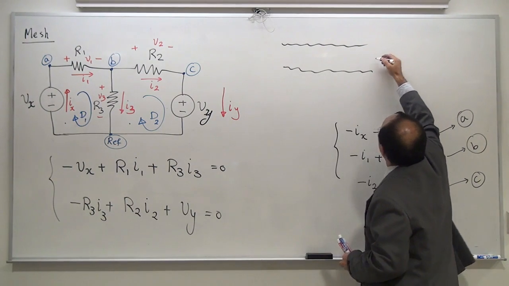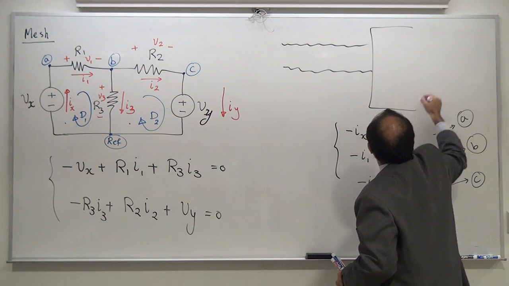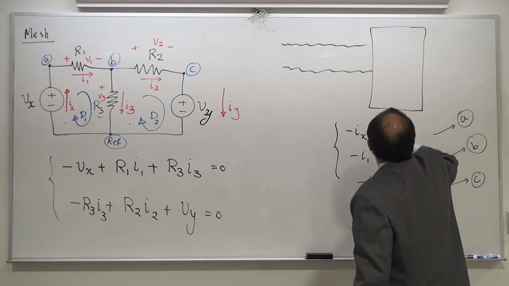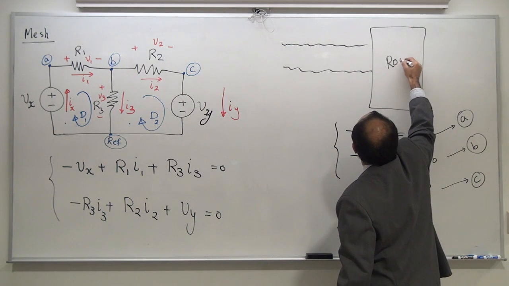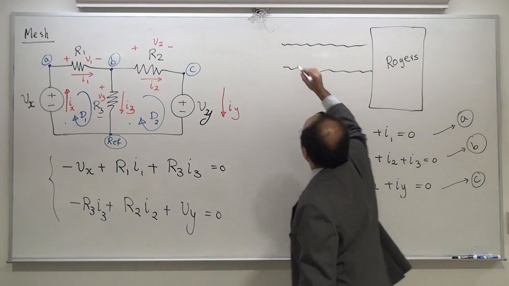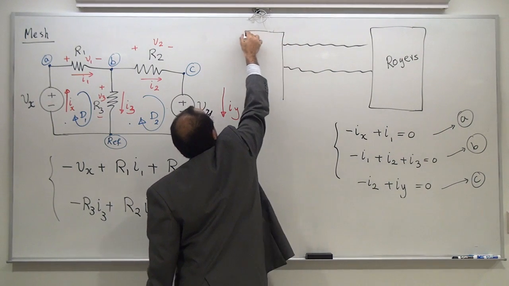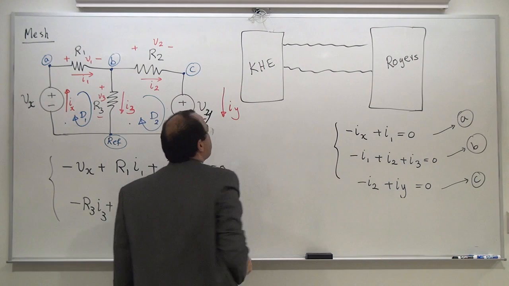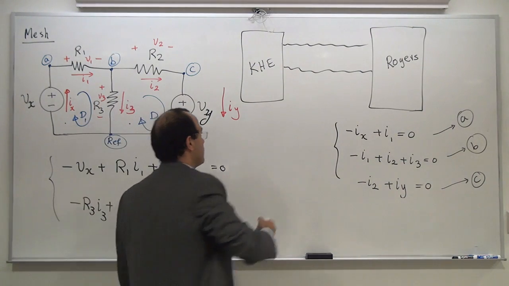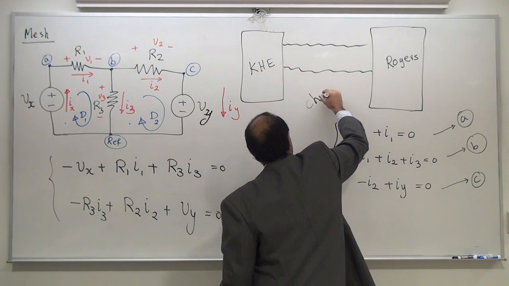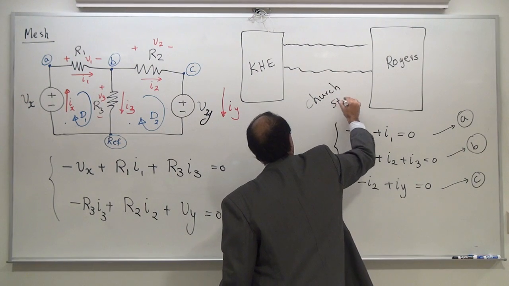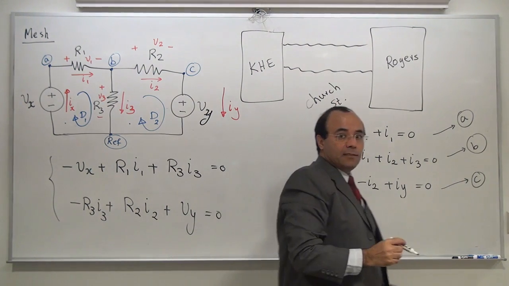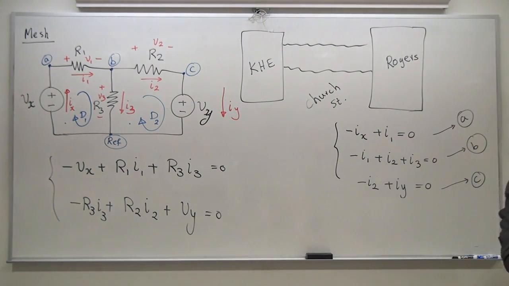This tunnel is connecting the Rogers Communications building to the KHE building. This is Church Street. The tunnel is on top of the street.